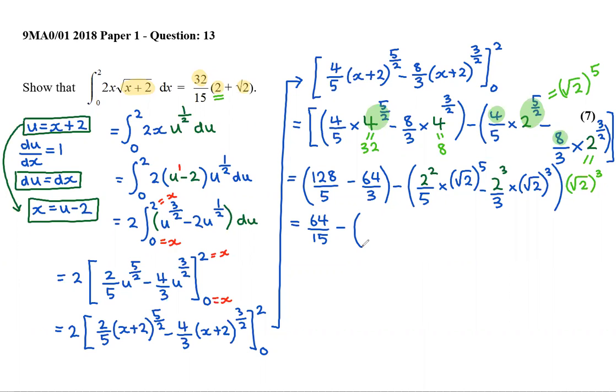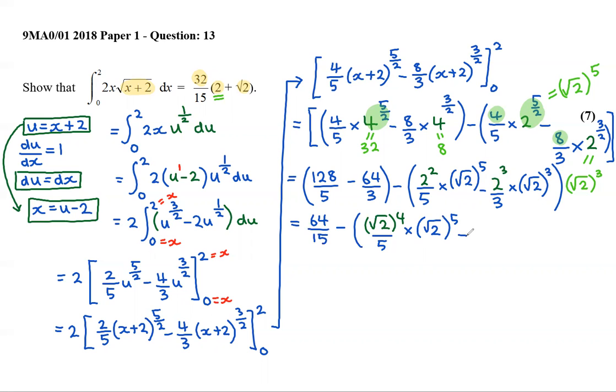And looking at the lower limit, so we're subtracting, we've got powers of 2 here. Now, I can do even better than this. I can actually write 2 squared and 2 cubed as powers of root 2. So we're going to have root 2 to the power 4 over 5, multiplied by root 2 to the power 5.